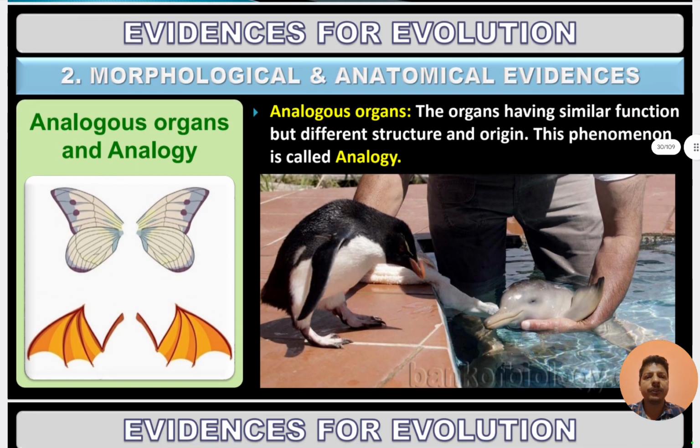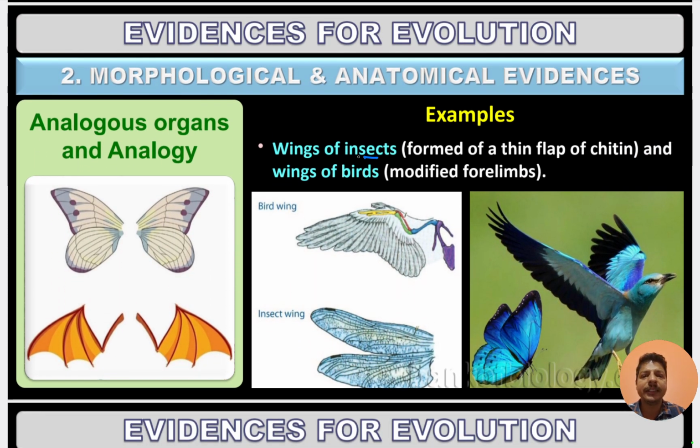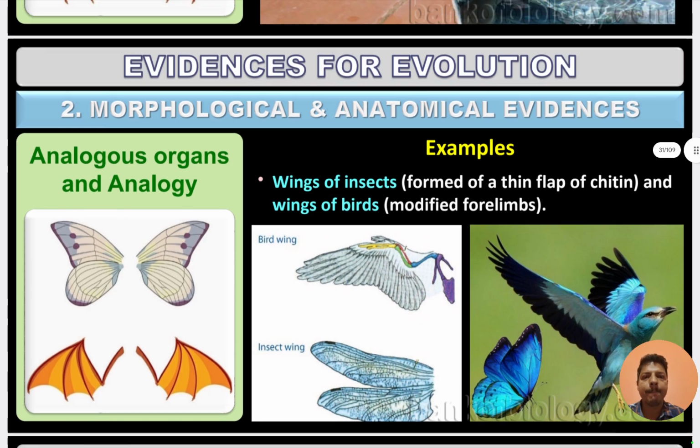Then analogous organs. The organs having similar function but different structure and origin, this phenomenon is called analogy. Example, wings of insects are formed of a thin flap of chitin and wings of birds are modified forelimbs. Like you can see, bird's wing and insect wing are different but the function is the same.